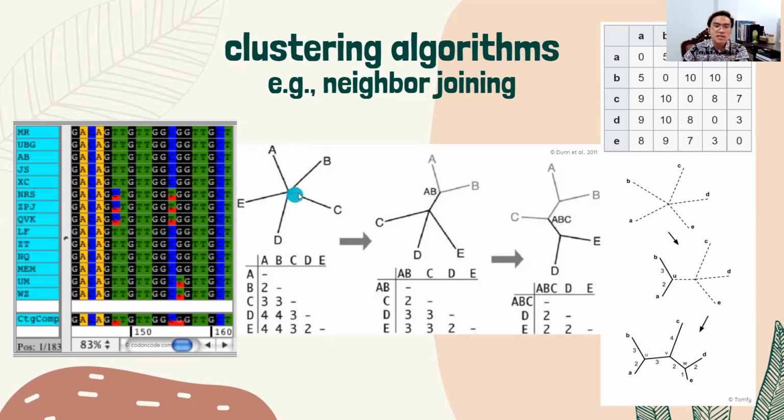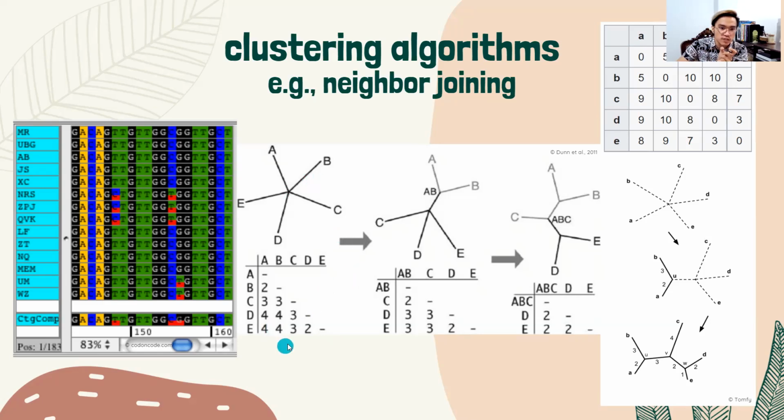But what it does is it chooses 2 OTUs that could be clustered together because they have less dissimilarities, they have less differences, meaning shorter genetic distance from each other.